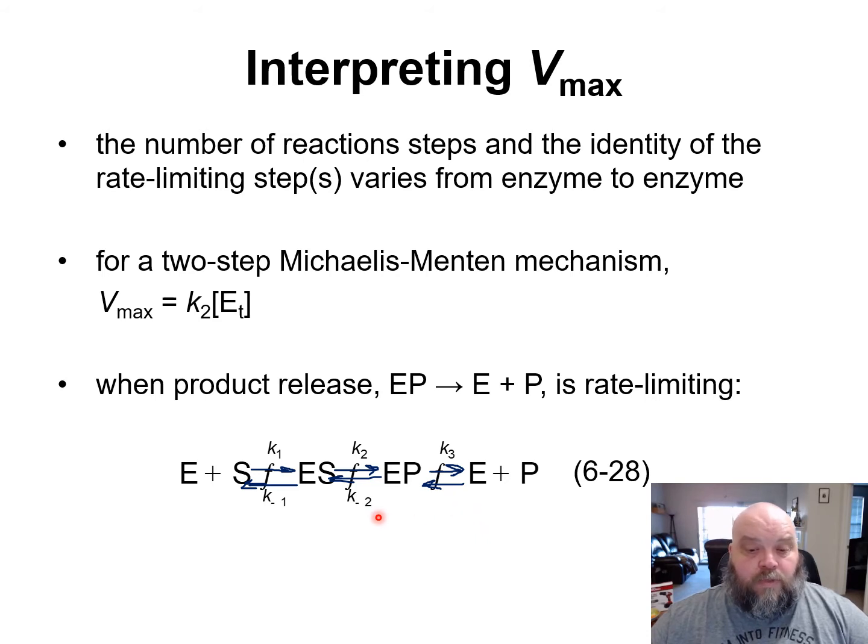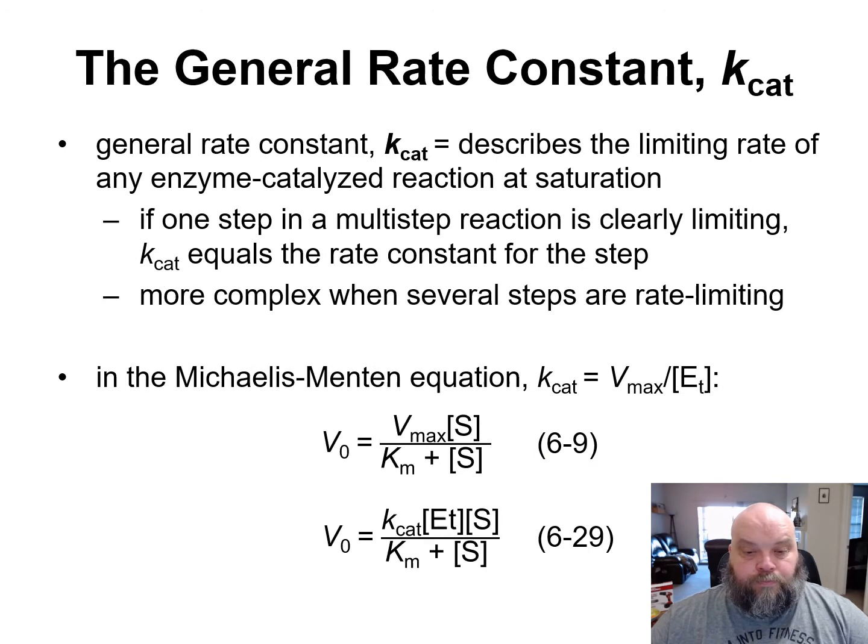And the reverse of them, K minus 2, K minus 1, and so on. But that gets to be a bit much. K1, K2, K3, K minus 1, K minus 2. So we try sometimes to simplify by just saying K-cat, K catalyzed.